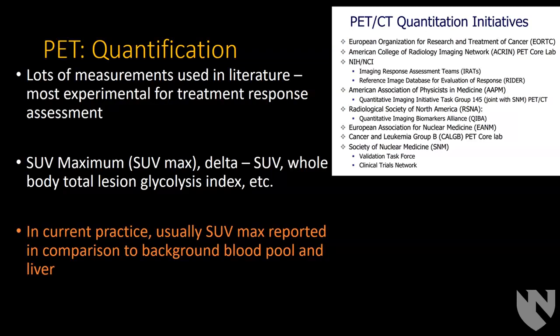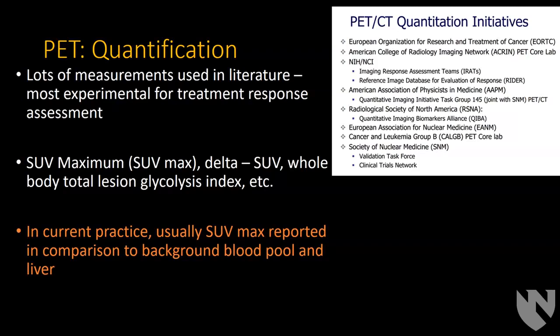So SUV is something that we measure, which I'll talk about more, how that's calculated. And then there are also a number of reporting systems that you can use to try to describe whether things are responding or not on PET.